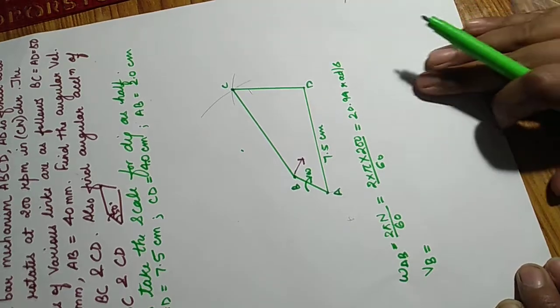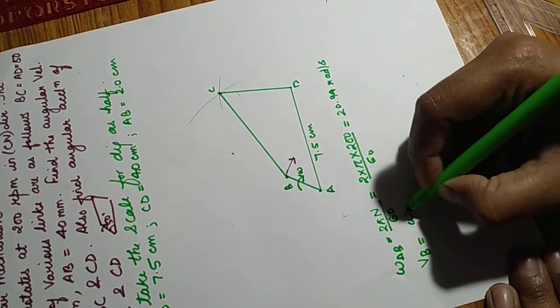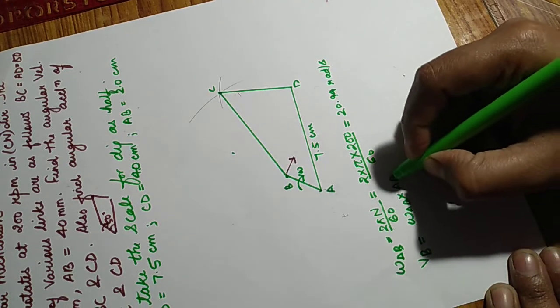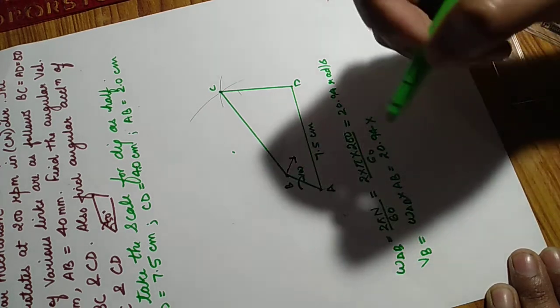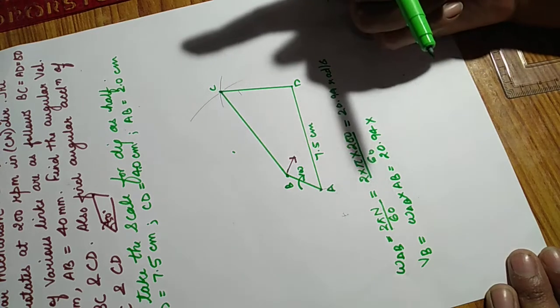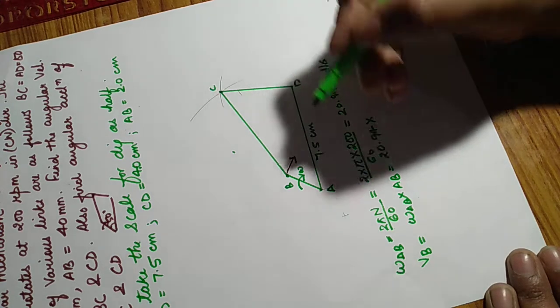So we have VB equal to omega AB into link length AB, which will be equal to 20.94 into the actual length that is given in the question, that is 40 mm.